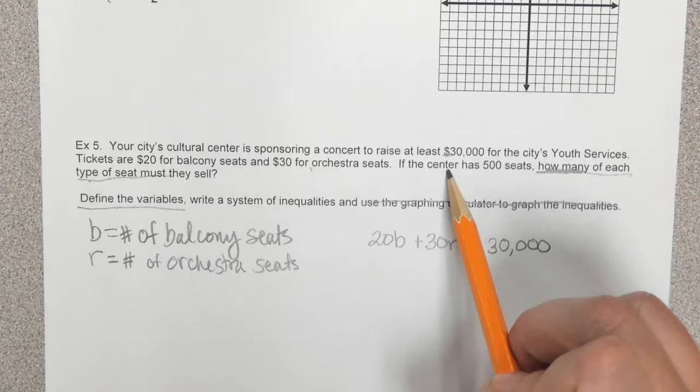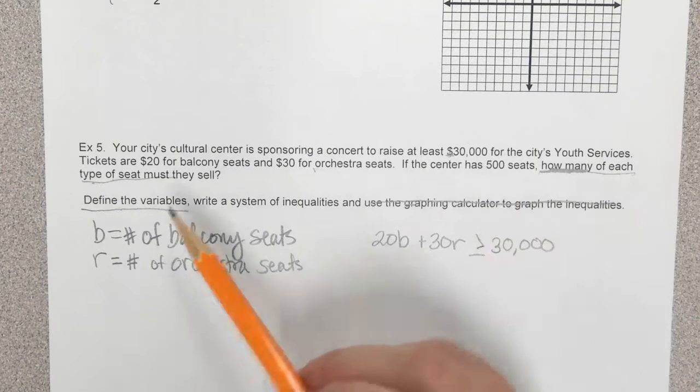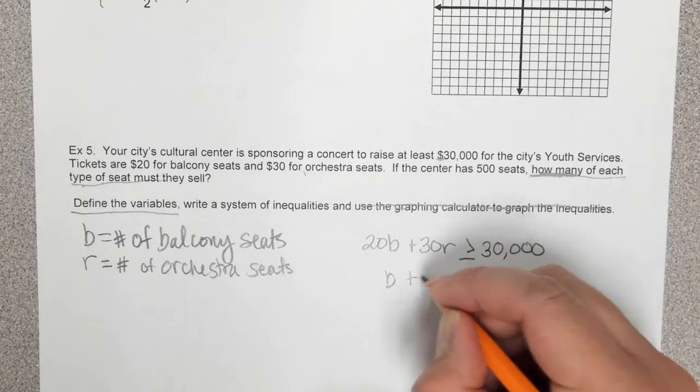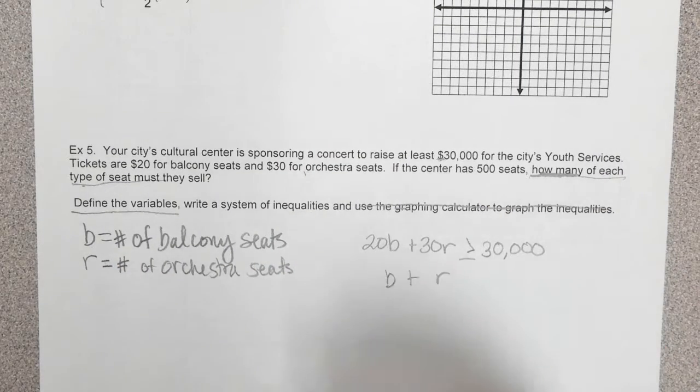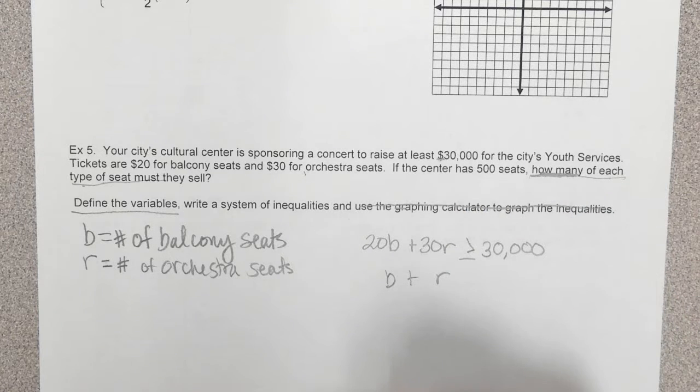All right, the center has 500 seats. So those seats are made up of B and R, right? So B plus R. Now this is not going to be an equation, so I'm not going to put equals 500. What inequality do you think we should put?